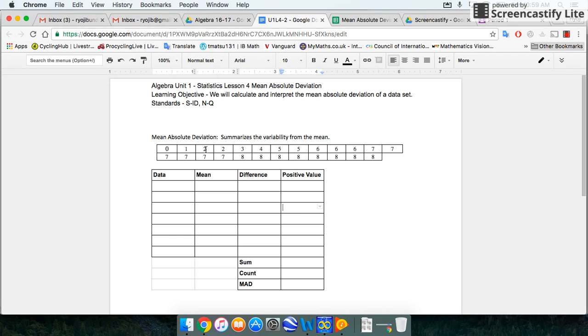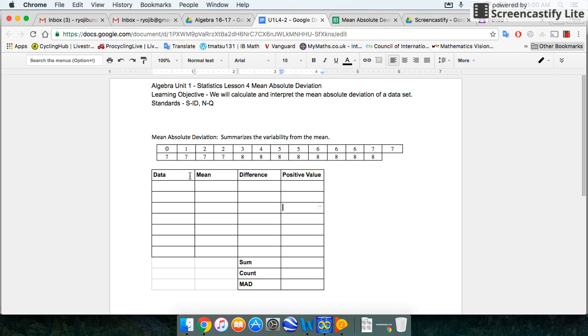The mean absolute deviation gives us one number that summarizes the variability from the mean. So instead of having, in this case, 25 different variability values, we have one number that tells us what the average variability is from the mean.